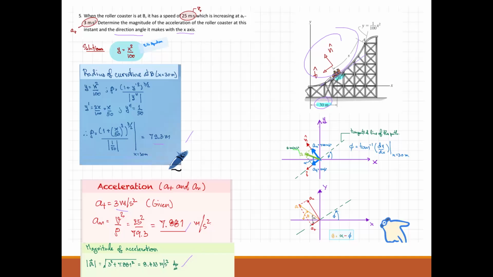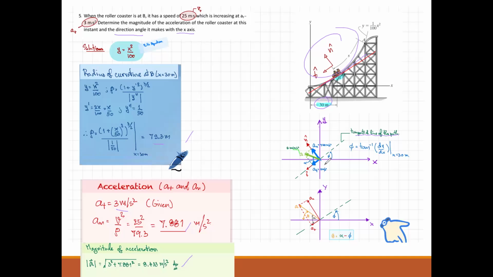This is the path of the roller coaster at point B. This is a tangent line of the path. If it matches the original one, it may be this red line. To make it clearer, we draw a new one as a dashed green line. This is the tangent line of the path.